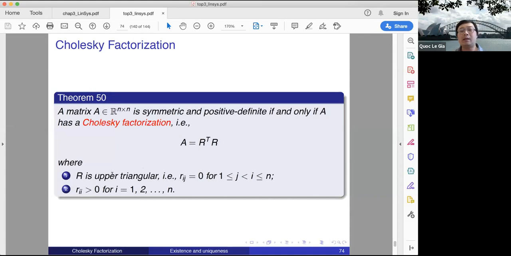So it just means that it's upper triangular, but the diagonal entries are positive. It's a tiny detail, but it's very important. It will be important when you see the proof. Very, very good observation. At least you are not sleepy, okay?